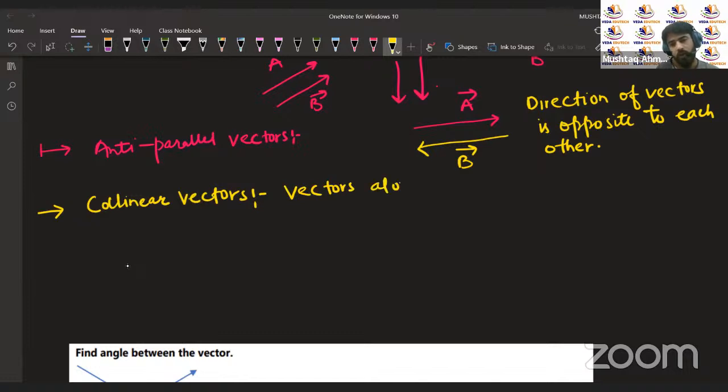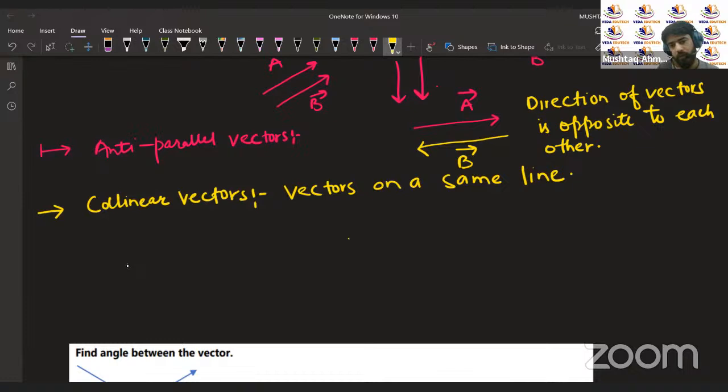Collinear vectors are vectors on the same line.